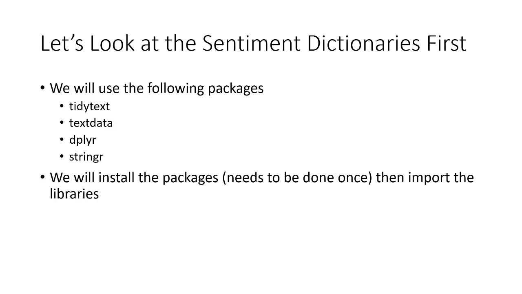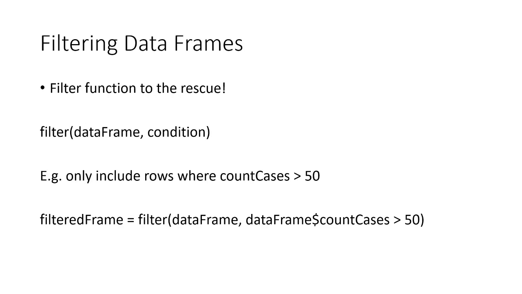That's more than I can fit in my head. Wouldn't it be nice to filter this down just to the words that have to do with joy or happiness? And in general, wouldn't it be handy if you could filter your data frames through R? Well, it turns out you can. We can use something called the filter function to filter our rows where a certain condition is met.